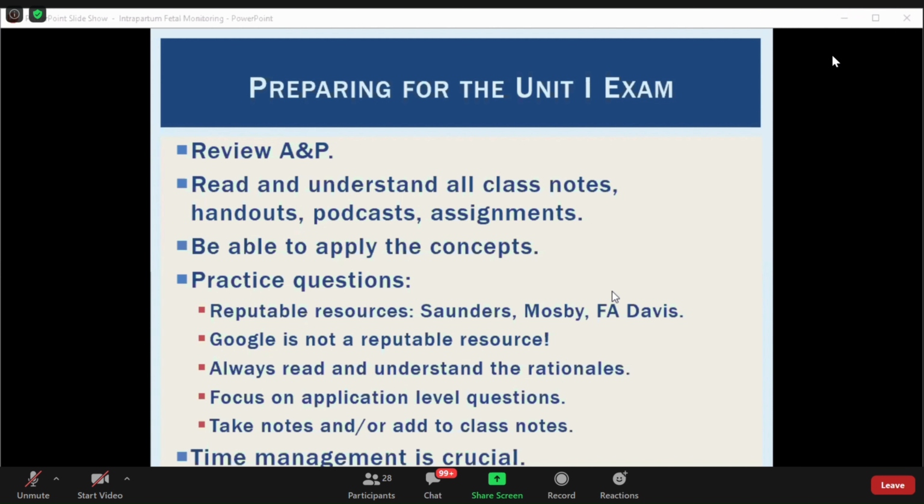The main handouts, the nutrition podcast, and the prenatal history podcast, assignments. The main assignments that I'm talking about here are the matching for the tests and what we talked about with Catherine. Okay, that's really all that we've done so far. And of course, the information reinforcement that you've gleaned from the F.A. Davis.